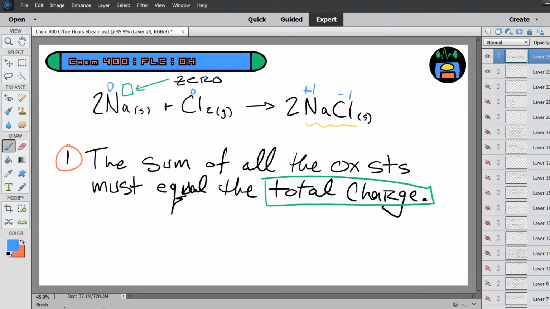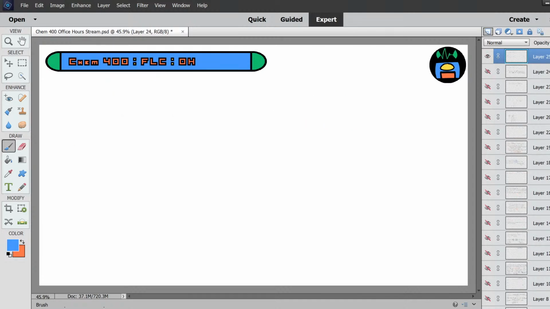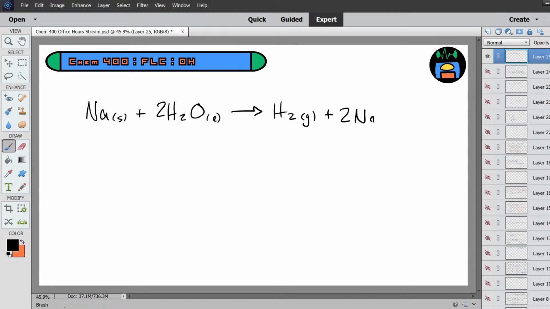So if you look at this reaction, and you look at hydrogen, hydrogen starts with a positive 1.